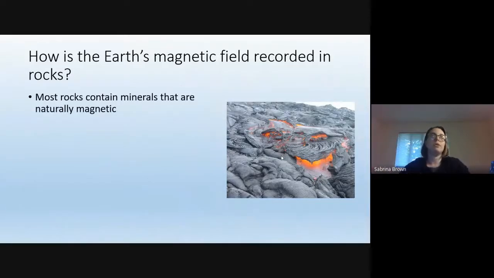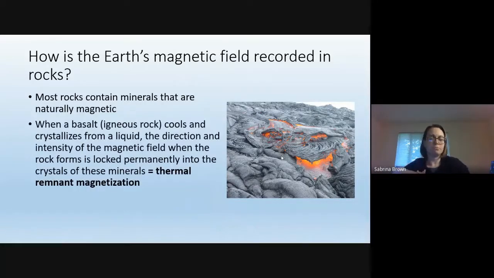Okay, so how do we understand the Earth's magnetic field just by looking at a rock? So most rocks contain minerals that have some natural magnetism to them. So think about iron, a mineral that likes to be attracted to magnets.